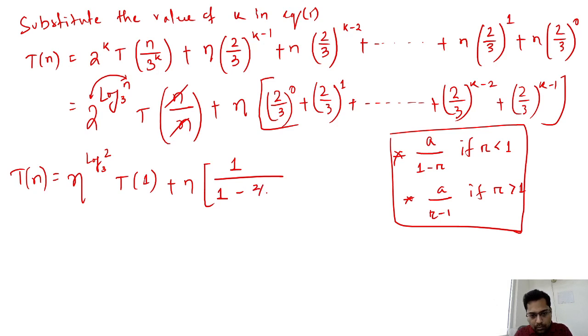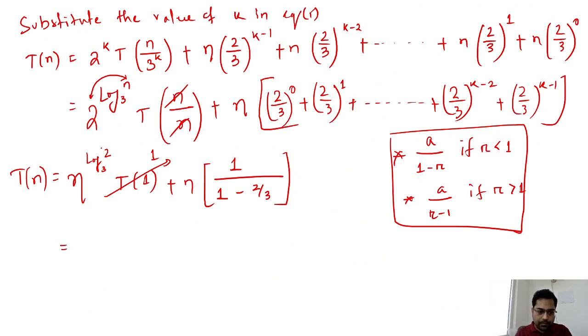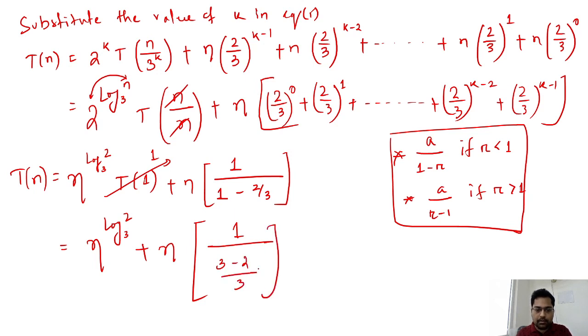This is the condition. So as per this note, we are using that GP. Here we have to write 2 by 3. Once it is done, now you simplify. As per the base condition we have declared, T of 1 is 1. Now n to the power log 2 base 3 plus n, 1 by 3 minus 2 by 3, then 3 will be on the top, n log 2 base 3 plus 3n, directly I'm writing.